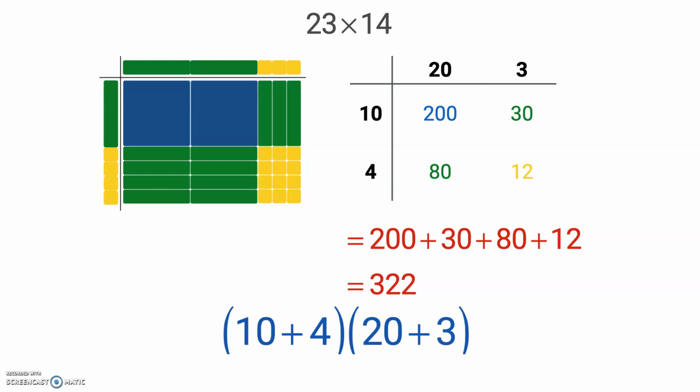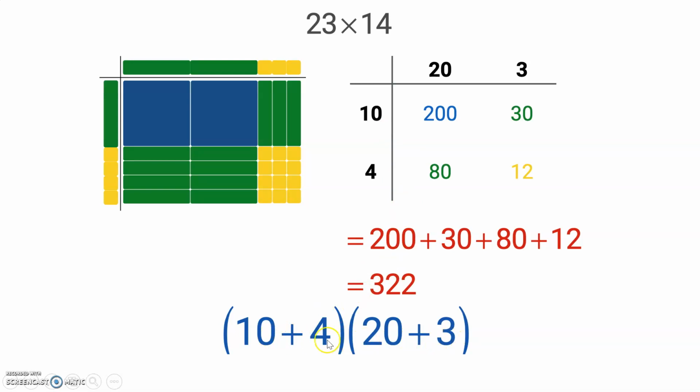We can also think about that, of course, like this in the blue brackets. What we're really doing when we're multiplying 23 and 14, or 14 and 23, is we're doing 10 add 4 times 20 add 3. That's what the grid method's really doing, because we've split the 14 up into 10 add 4, and we have split the 23 up into 20 add 3.